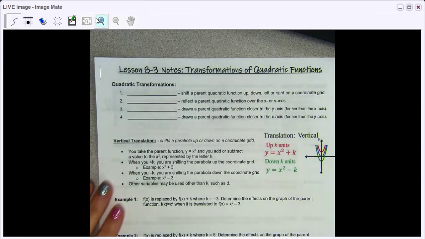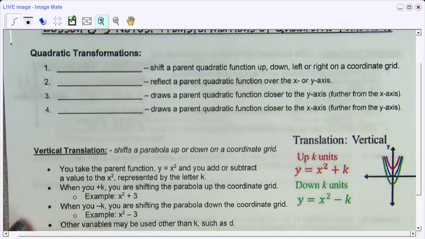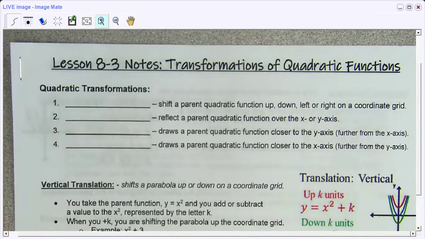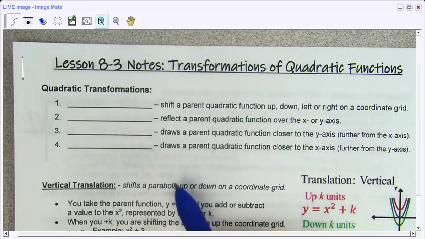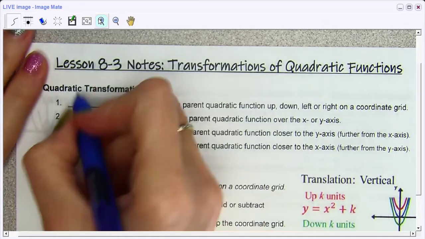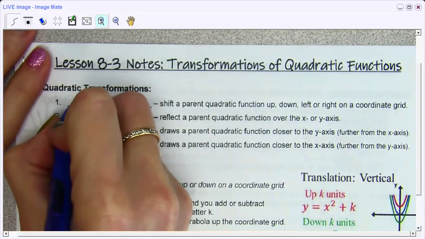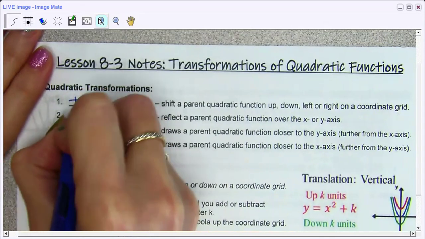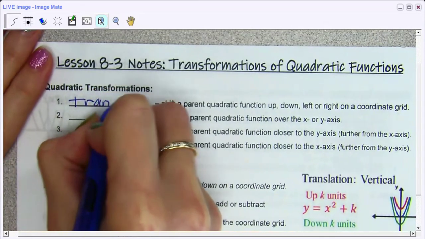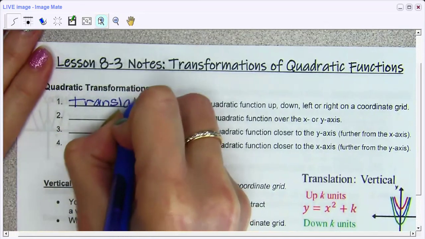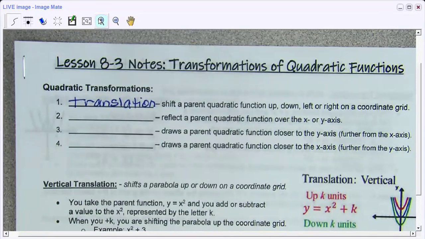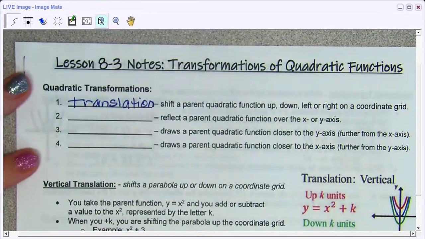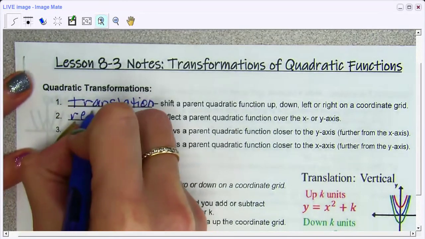Some of these words may come back to you. When you're shifting a parent quadratic function up, down, left, or right on a coordinate grid, that's called a translation. When you're reflecting a parent quadratic function over the x or the y axis, that is a reflection.